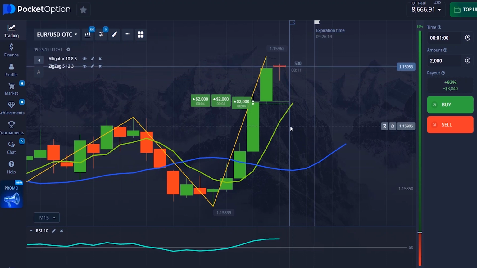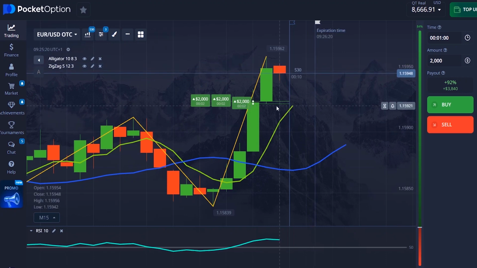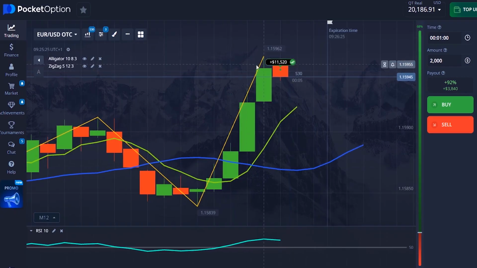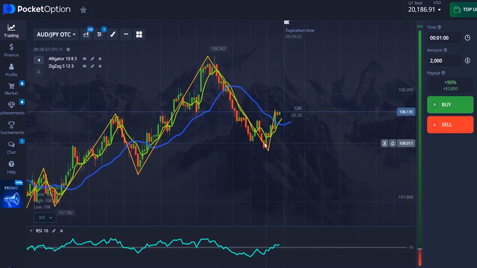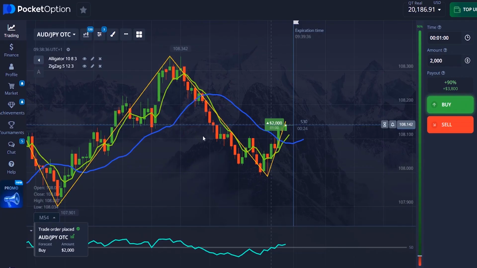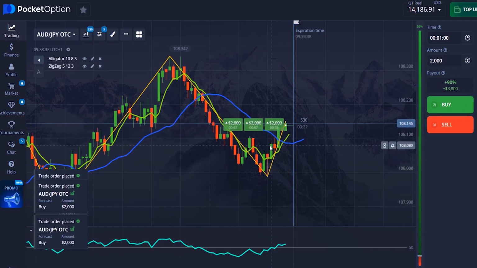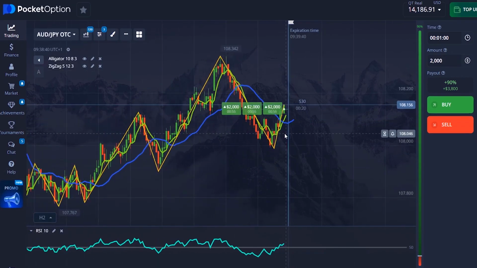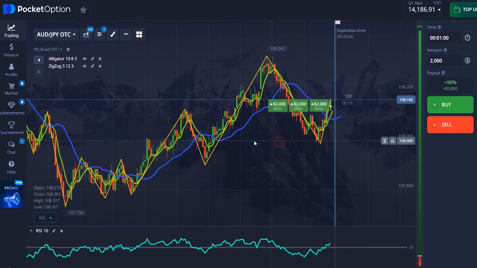So right here, I have 4 seconds to go. And right at this point, I make another win. So right here, I found an opportunity. So basically, the market is in an uptrend.